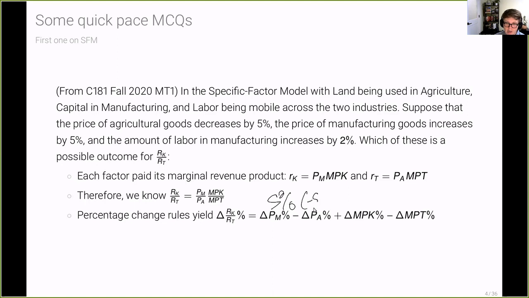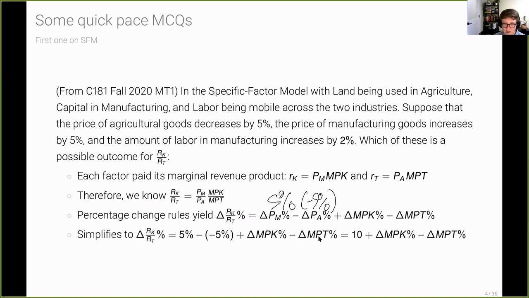The change in PA, it decreases by 5%, so it's going to be negative 5%. And so we can see that 5% minus negative 5% is going to add up to give us 10%. And then we still have to get a handle on the way MPK and MPT change.